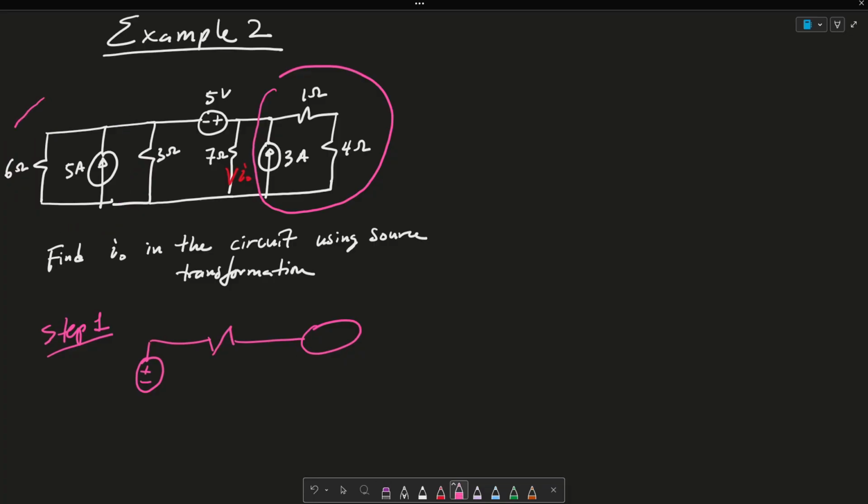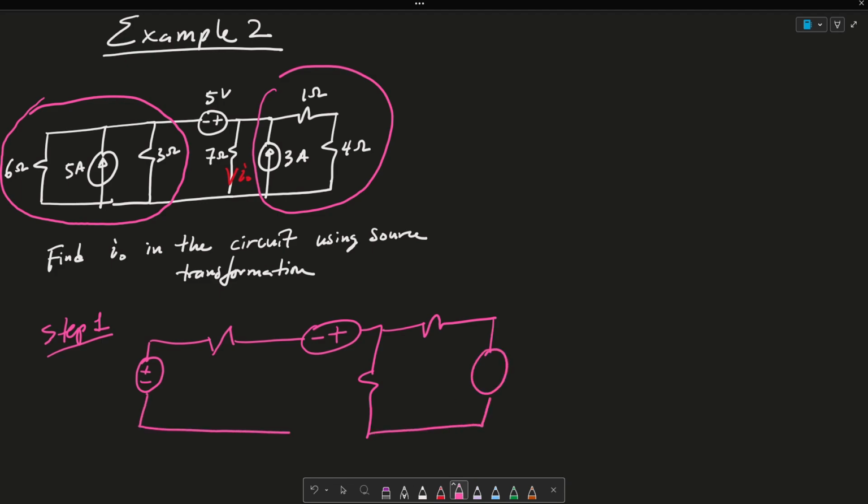I'm actually going to combine the 6 ohm, the 3 ohm, and the 5 amp. All right. So this is going to be minus plus. Let me just draw all my components for this step, and then I'll explain.